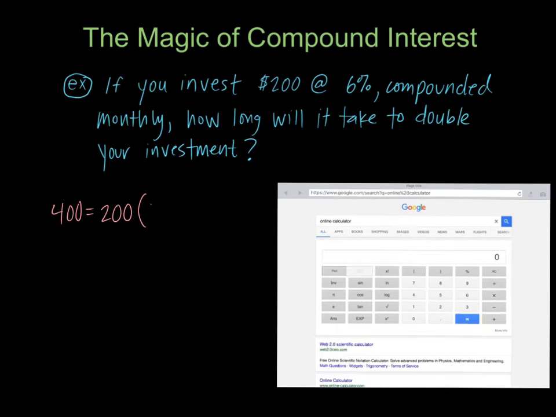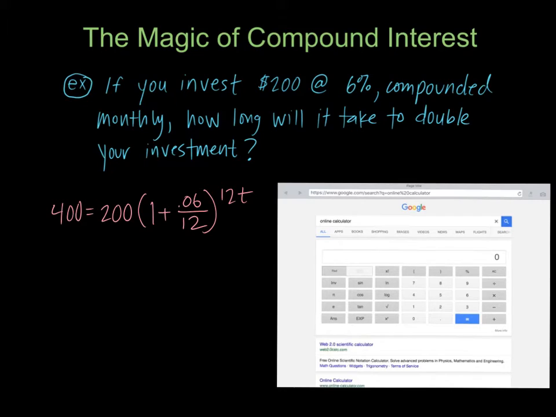Started with 200, 1 plus 0.06 over 12, because we're compounding it once a month, and that 12 is the most common value that you're going to use in that spot. How long? T for time is my unknown, 12T.